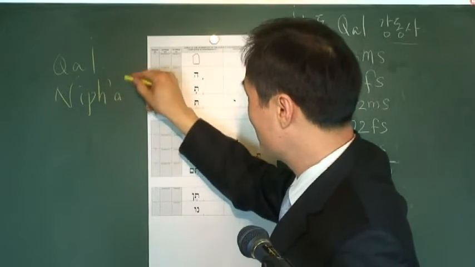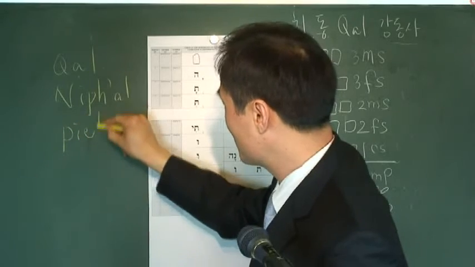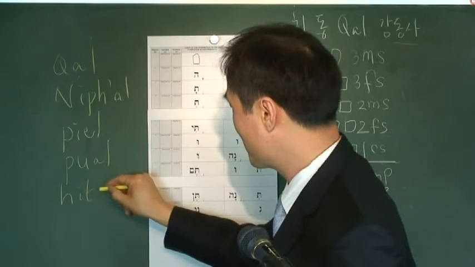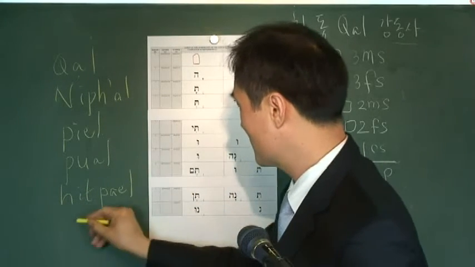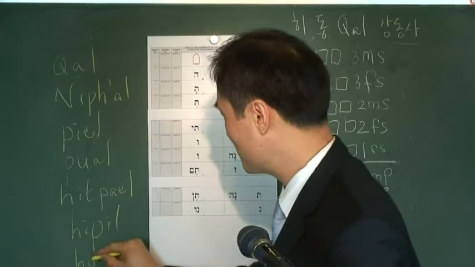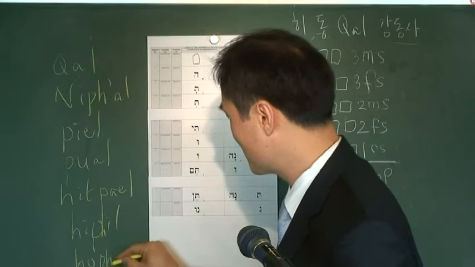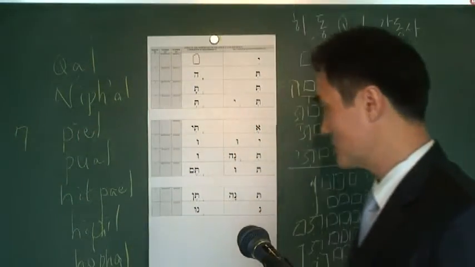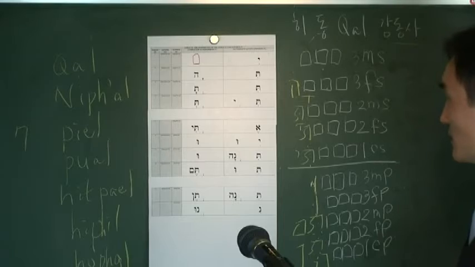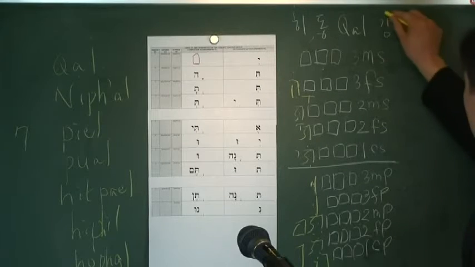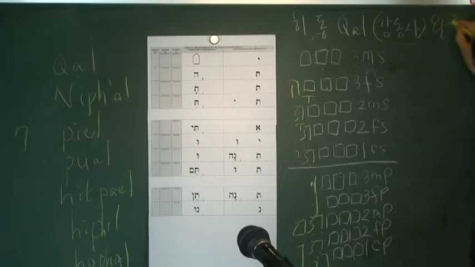There are 7 verb forms, including the kal verb, which are the nifal, piel, pual, hitpael, hifil, and hofal, and this here on the board is the kal form.